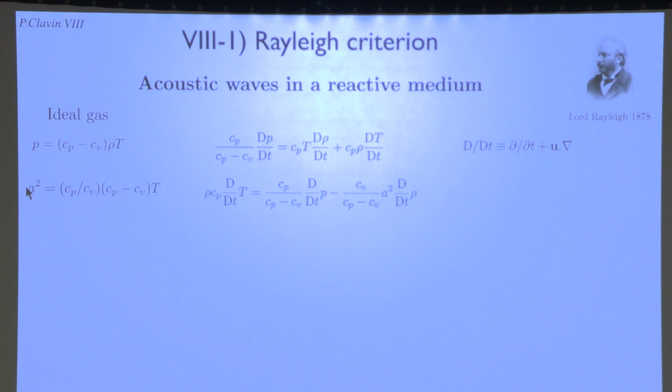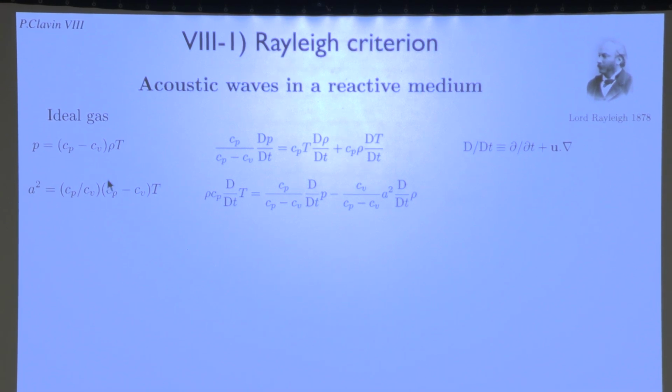So the speed of sound is the variation of the pressure with the density at constant entropy, and this is simply Cp over Cv, Cp minus Cv times T. This is gamma minus 1 times T. So you put that in this equation.